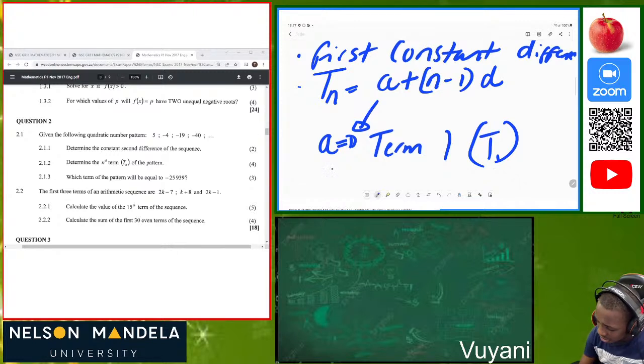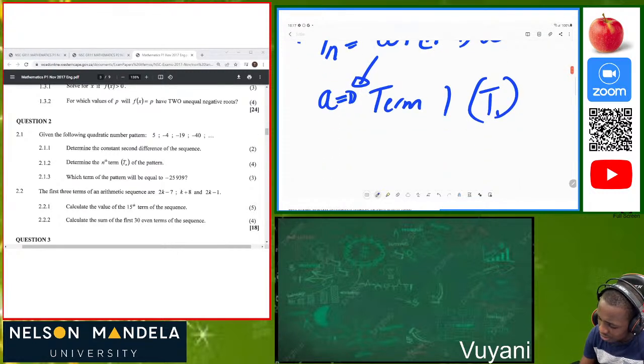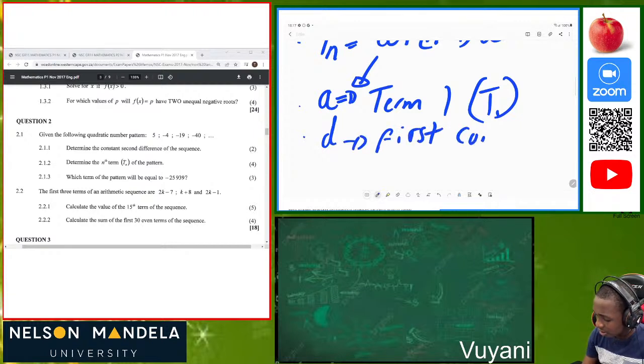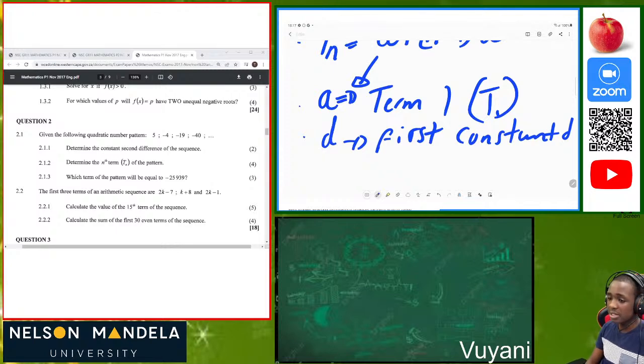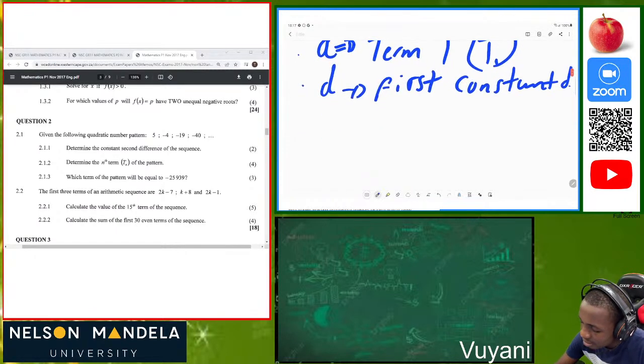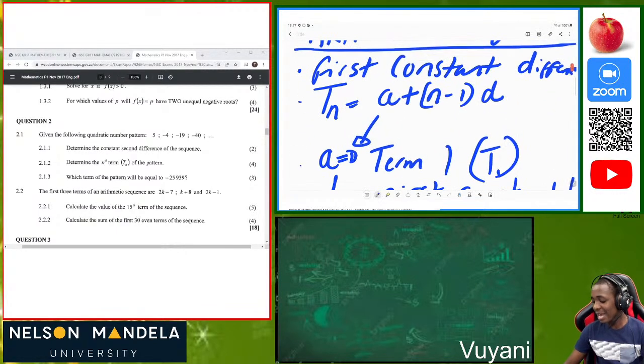And what is your d? Your d is the first constant difference, which is illustrated by a small letter d. Then you'll be able to calculate your Tn formula.